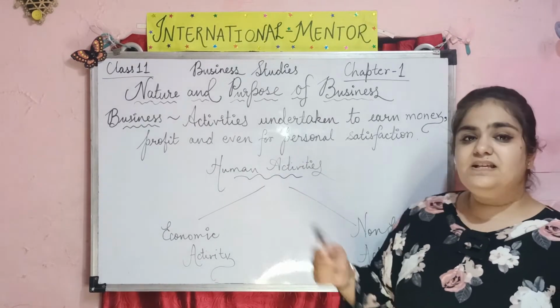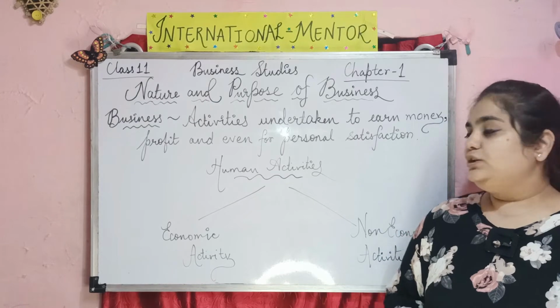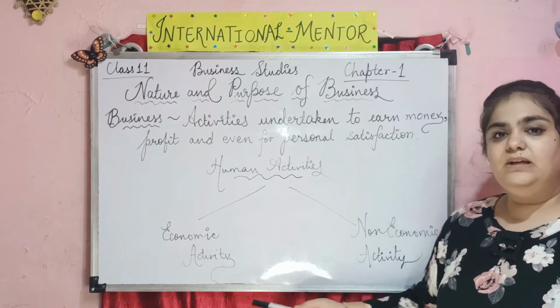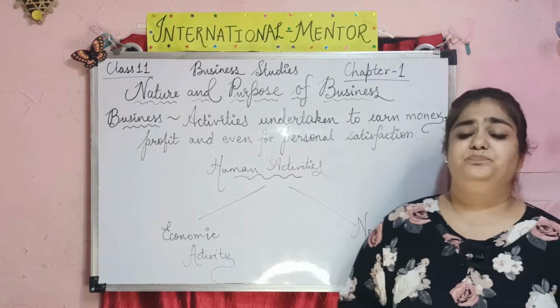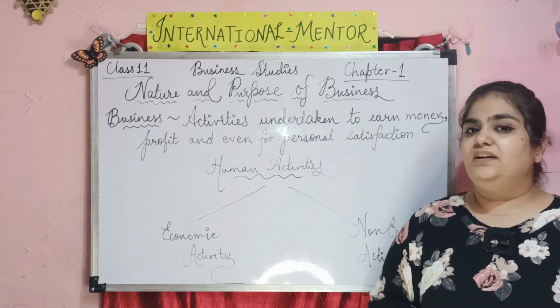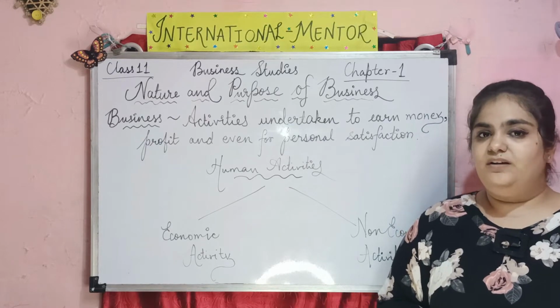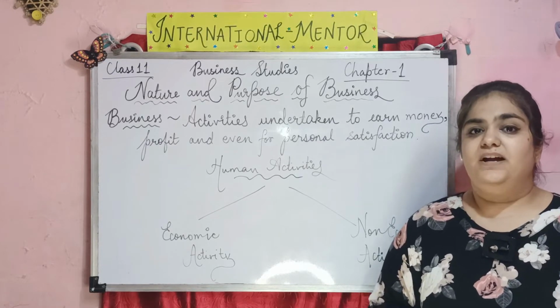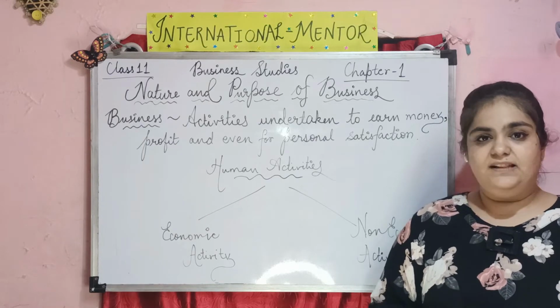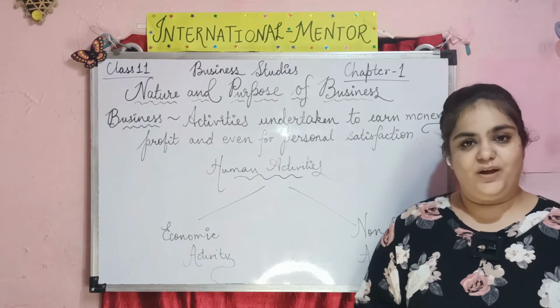So, business is divided further into two main human activities, which are economic activity and non-economic activity. Economic activities are those activities which are undertaken for the motive to earn money. For example, a restaurant cooking food. When we sell the food, it would give profit to us.